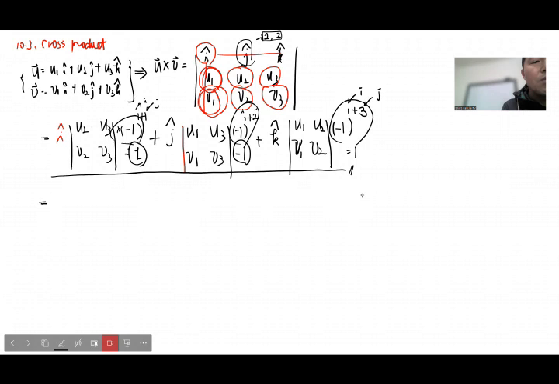So eventually this equation should be simplified to this form. Now you know how to do the 2 by 2 matrix operation, right? From that 2 by 2 matrix, you can find the coefficient for the unit vector i, which is u2 times v3 minus u3 times v2.